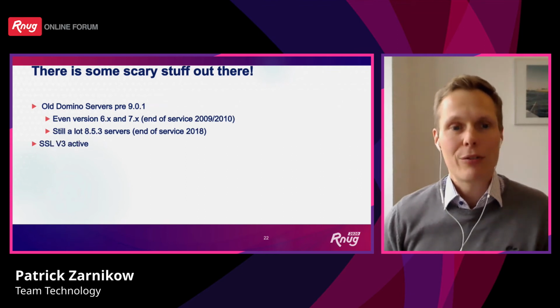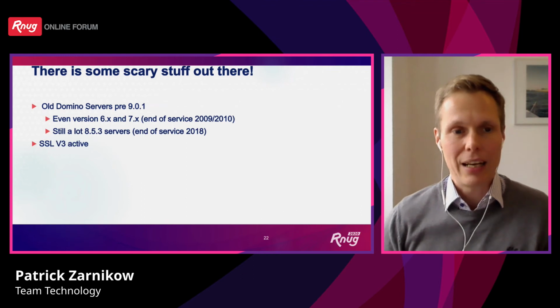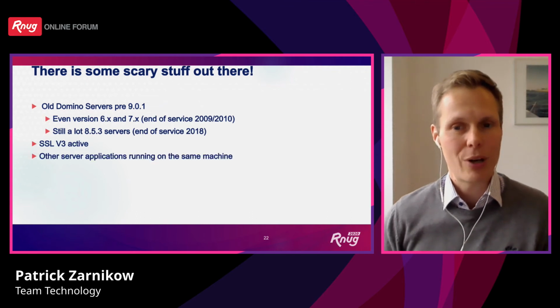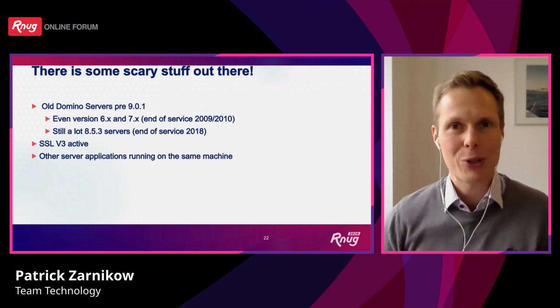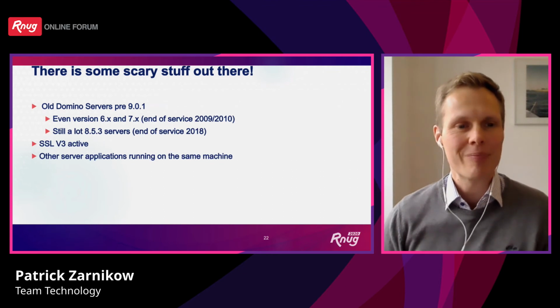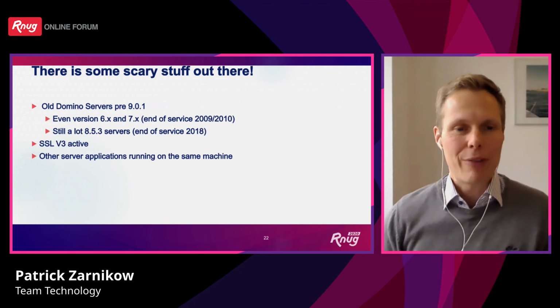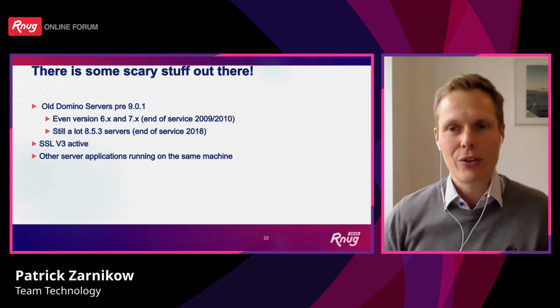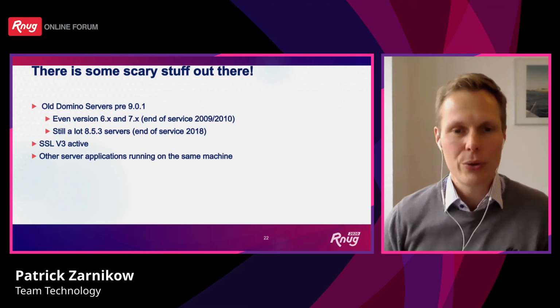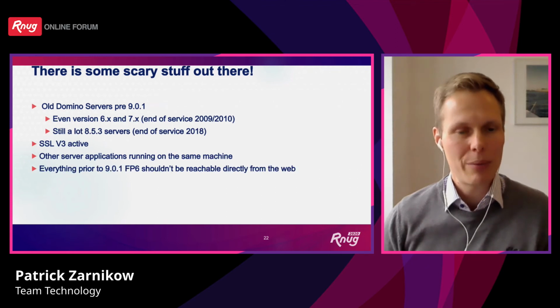We still find a lot of servers that have SSL version 3 active, and that is absolutely a no-go from my security perspective. You have other servers and applications running on the machine, which can be used to hack in and then go on to the Domino server maybe.